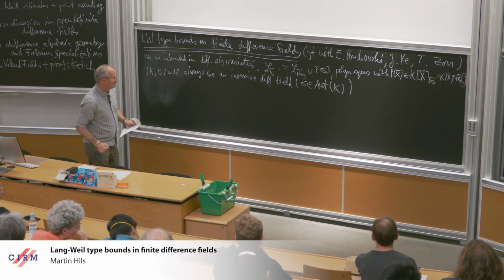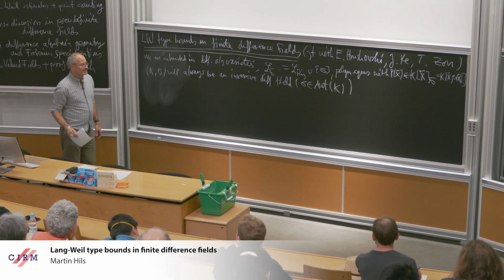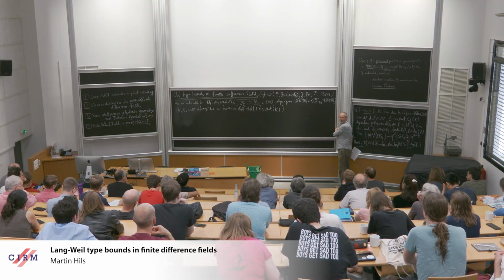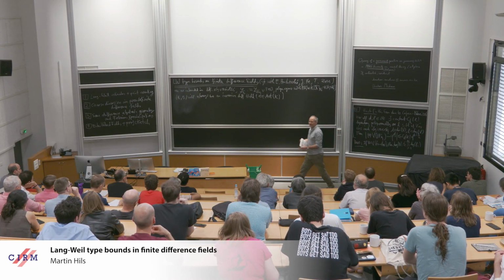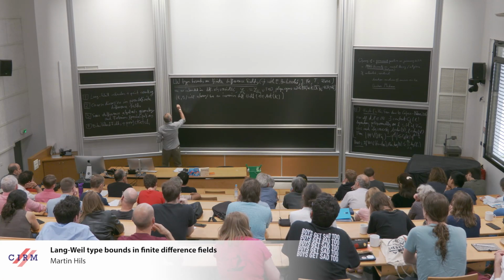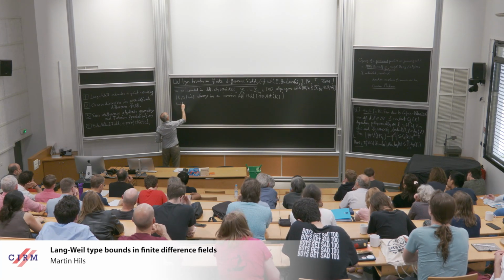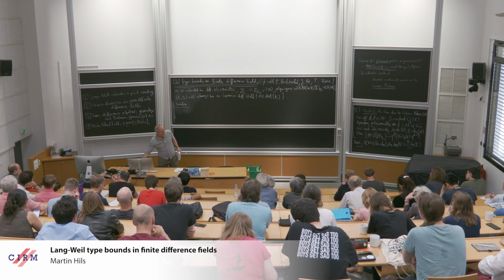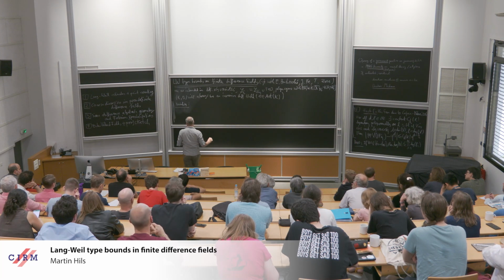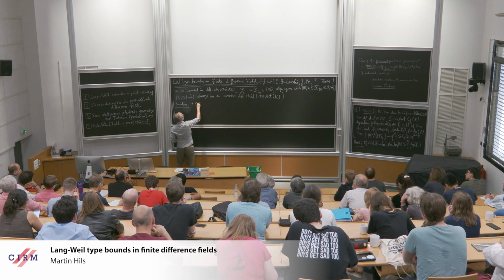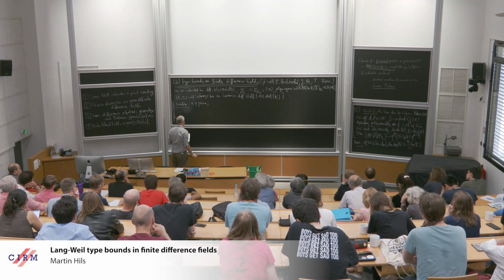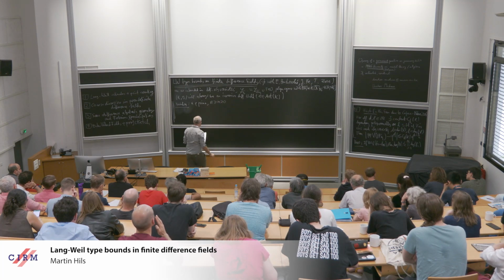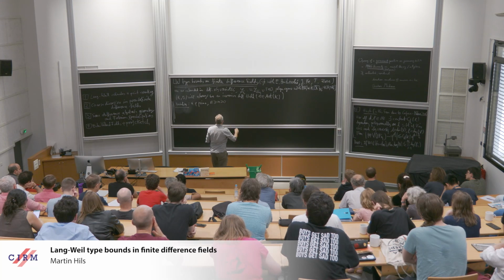Now, the finite difference fields: if you think for some seconds, you can classify them, because you know what the finite fields are and you know what the automorphisms on finite fields are. So let's choose some notation for these. Notation. Let p be a prime and let n bigger than m bigger than or equal to 0 be natural numbers.